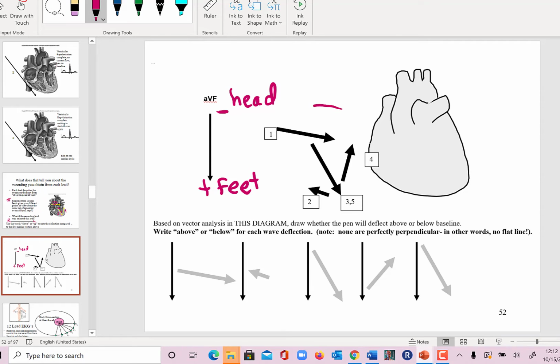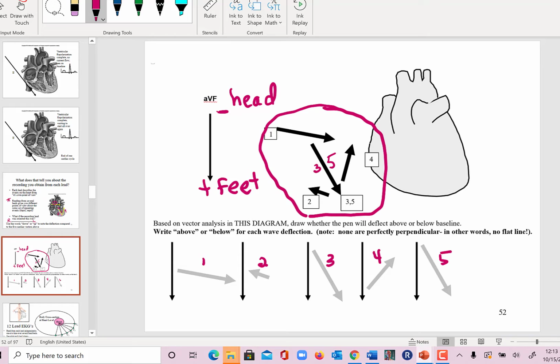Here, I'm showing you the 5 cardiac vectors. Vector 1, vector 2, vector 3, vector 4, and vector 5, which is the same direction and orientation as vector 3. I have then drawn each of the cardiac vectors, vector 1, 2, 3, 4, and 5, next to lead AVF.